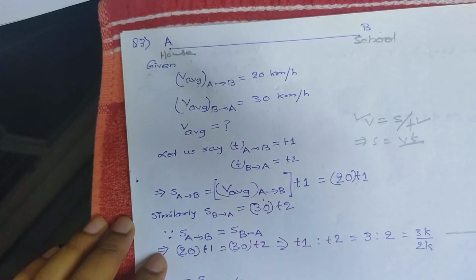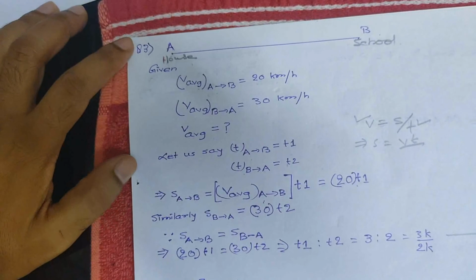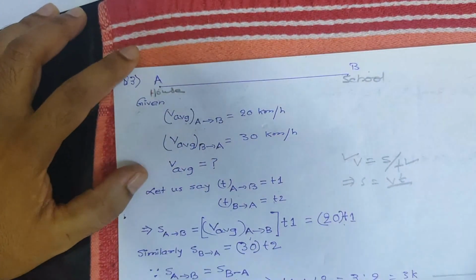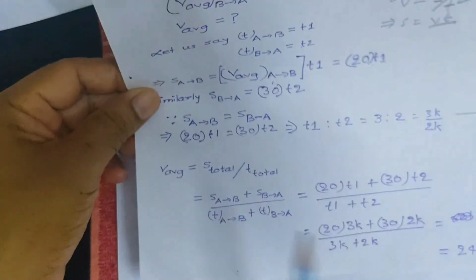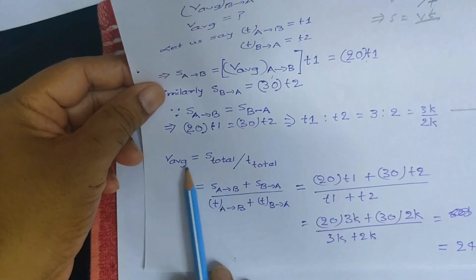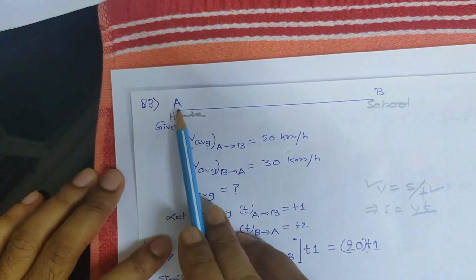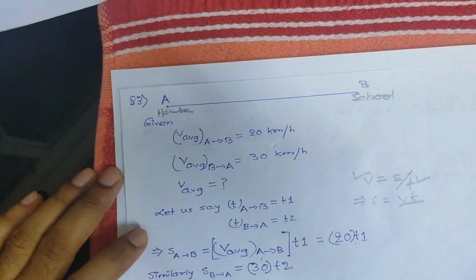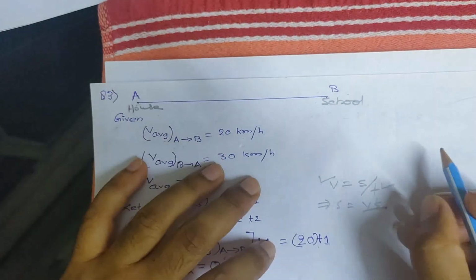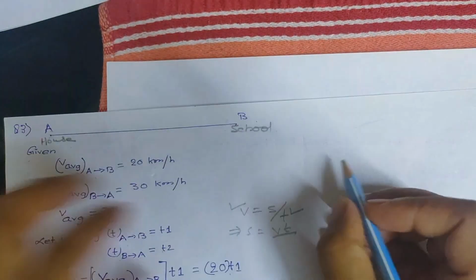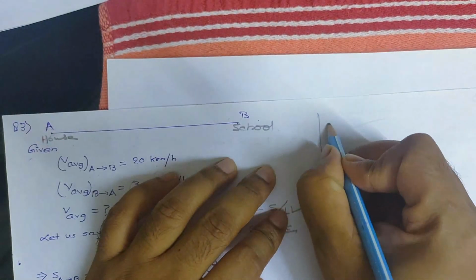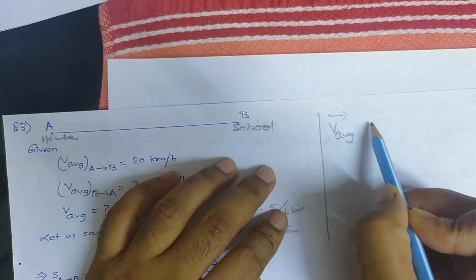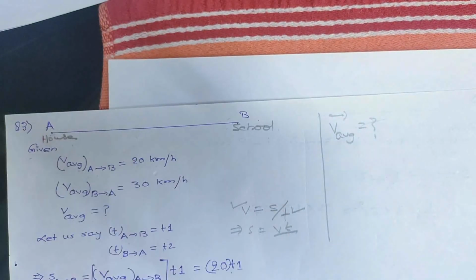Guys, this is a small question from my side, just to check your level of understanding. In this problem we are done with the calculation of average speed. Abdul moved from point A to point B and then B to A. If I ask you, can we calculate the value of average velocity?